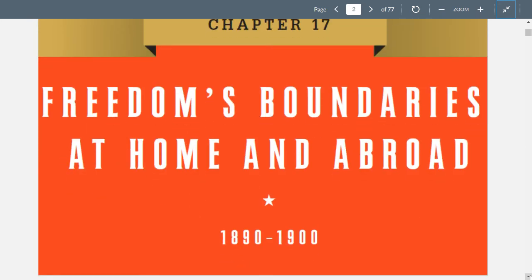So this refers to America's freedom at home and abroad. One of the things that's going to come up in this unit: the populist challenge, the segregated South, the redrawing of boundaries, and America becoming a world power.